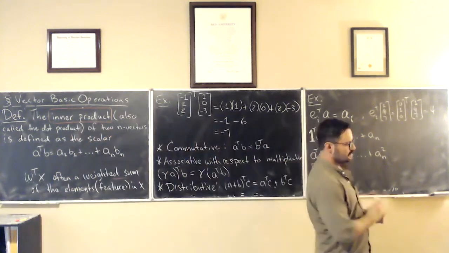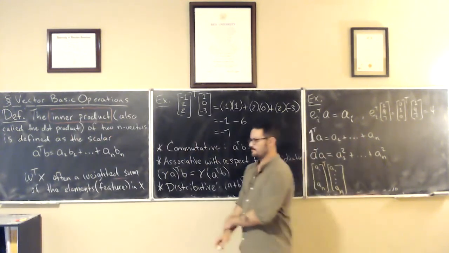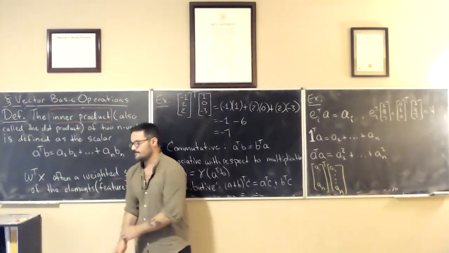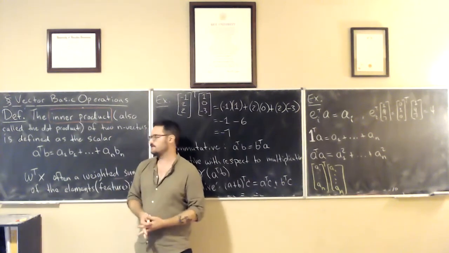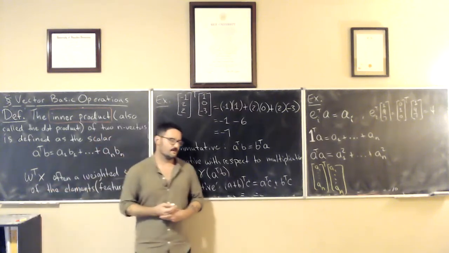When you're feeding information into neural networks in machine learning, the information signals that you take in are in the form of inner products.